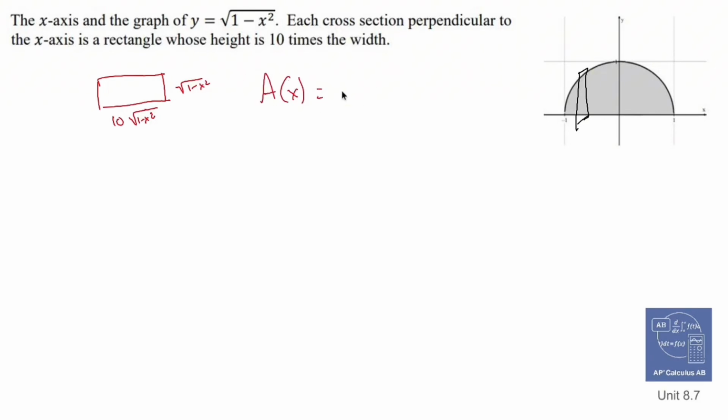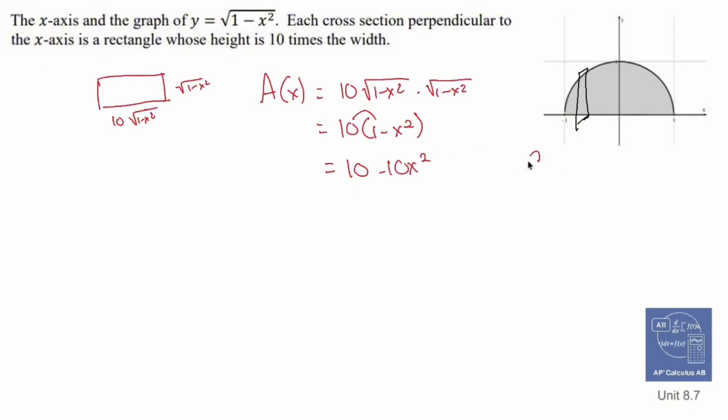So the area formula is 10 times the square root of 1 minus x squared times the square root of 1 minus x squared. This makes life very convenient because that times itself makes the square roots go away. So you're left with 1 minus x squared, and the area formula ends up being 10 times 1 minus x squared, or 10 minus 10x squared.